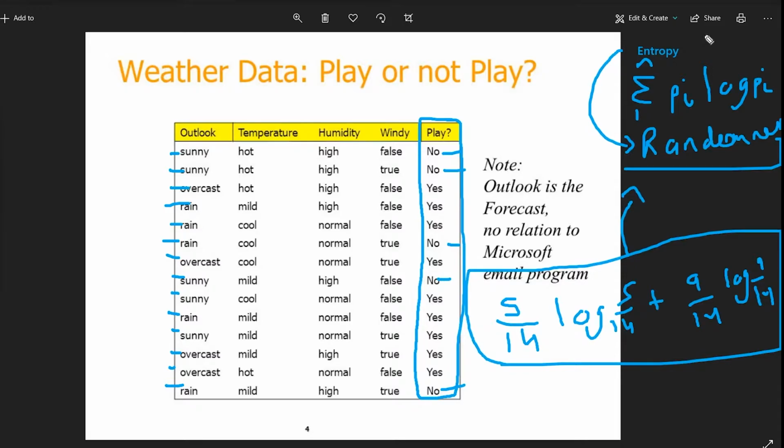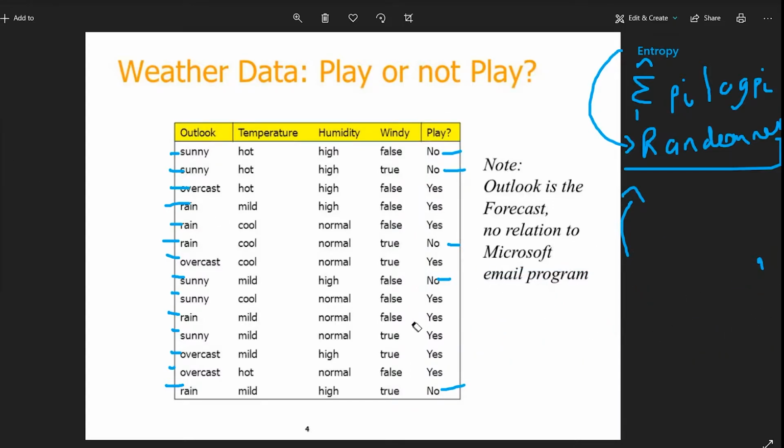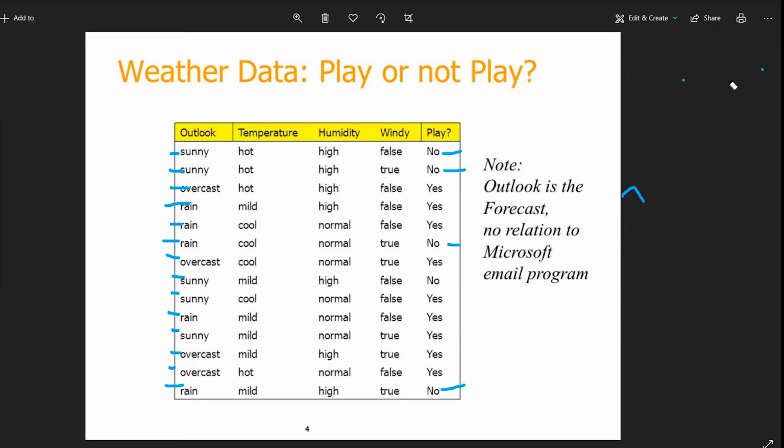Now you must wonder how entropy is related to randomness. So let me give you another example for that. Let's suppose we have a bag in which we have 4 yellow balls and 4 pink balls.